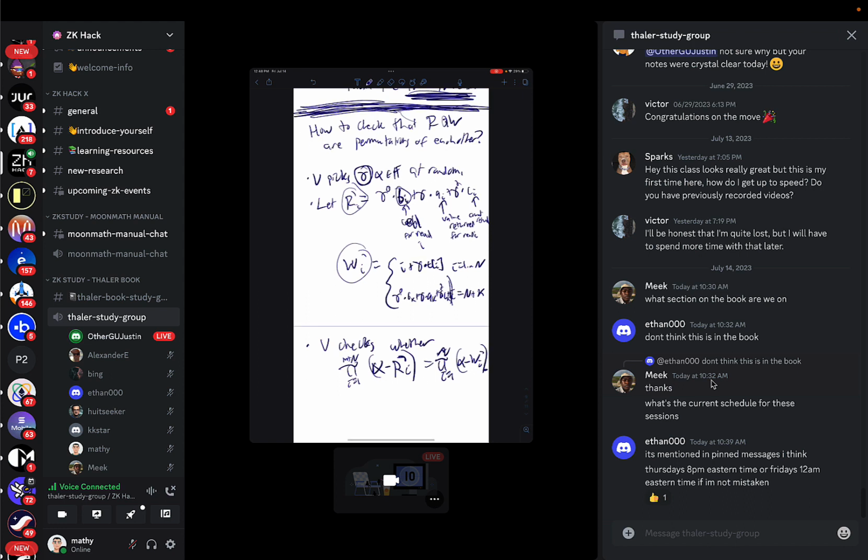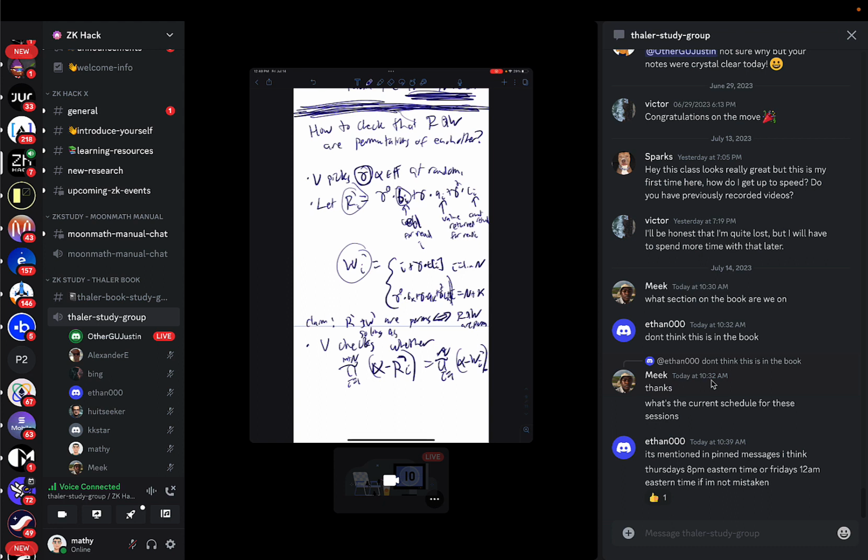That's it. Again, the key claim is that R prime and W prime are permutations of each other if and only if R and W are permutations of each other. This is assuming there aren't two tuples whose Reed-Solomon fingerprints are the same.